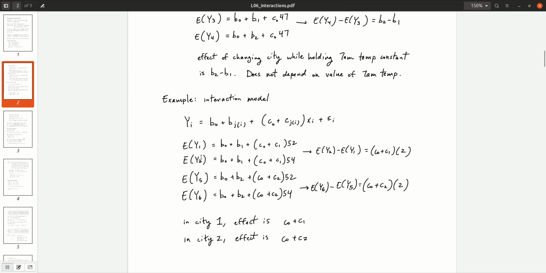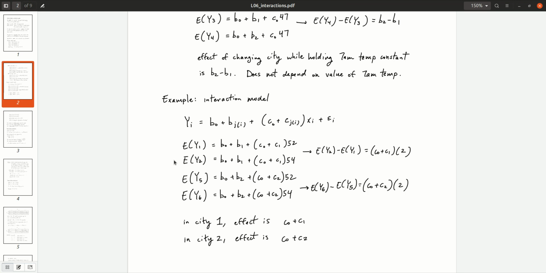Let's first look at the first two observations, and I'm going to assign a specific value to the 7 a.m. temperatures. We'll say that the first observation had 52, the second had 54. These are both from city 1. And let's look at the difference between these two observations.